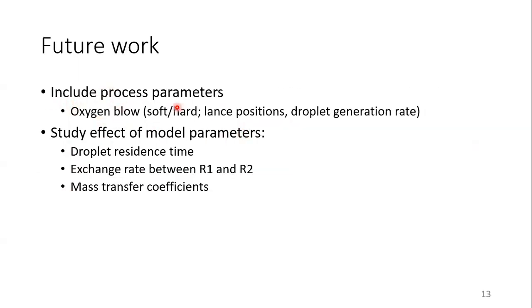In the future, so far we have taken typical numbers for all the parameters, but going forward, once we correct for the silicon, we would like to incorporate primarily the oxygen blow, whether it's soft or hard blow, enhanced positions, droplet generation, etc. We would also like to study the effect of some model parameters that are really difficult to estimate, such as droplet residence time, exchange rate between reactors 1 and 2, that is upper and lower bath, and the mass transfer coefficients. These are really difficult to estimate, so we need to adjust them and see what makes sense.